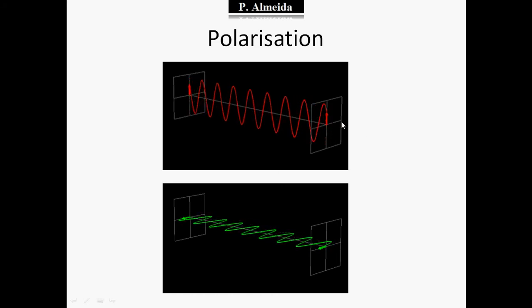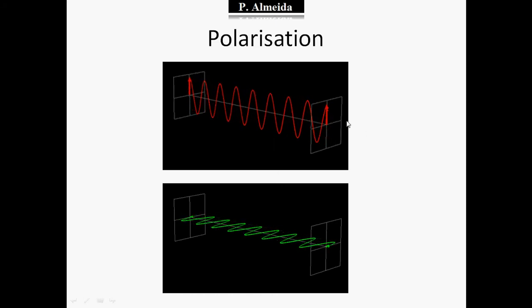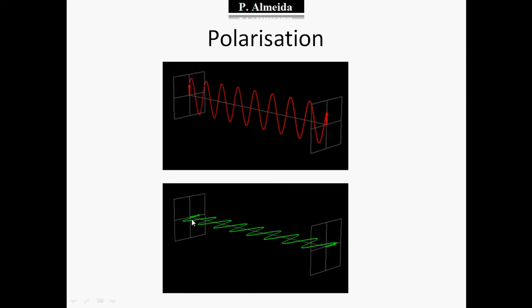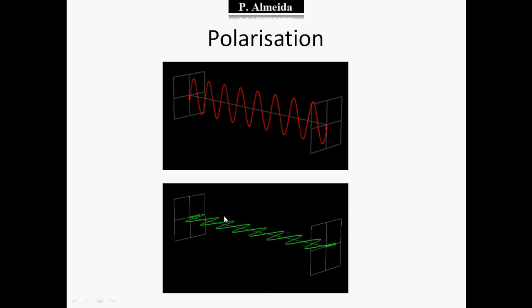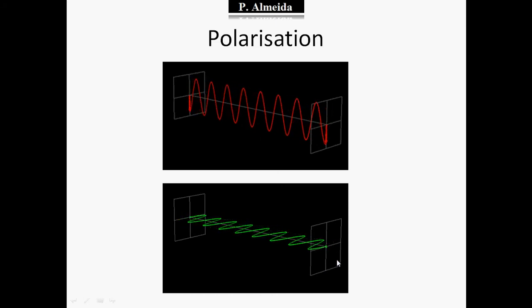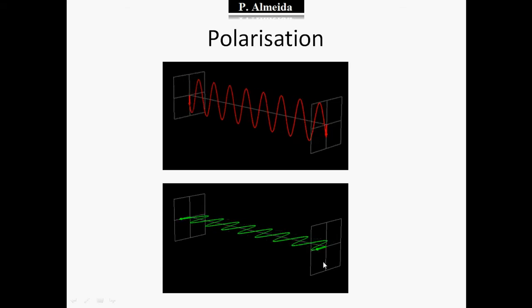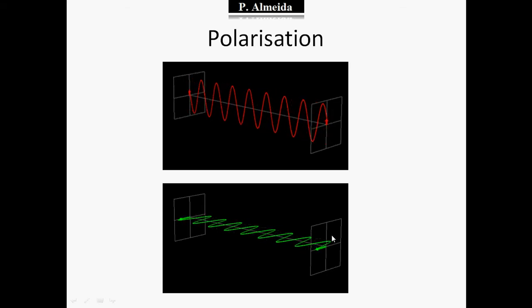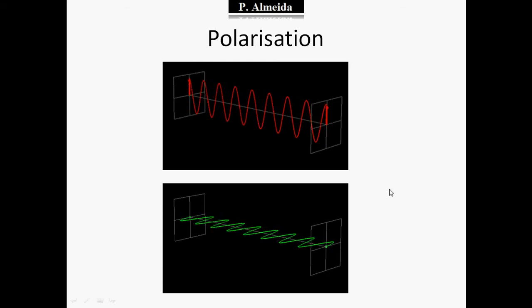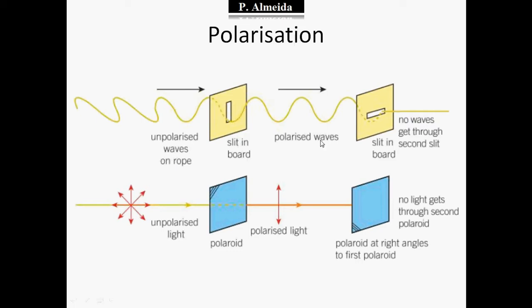That's because the polarization would be 90 degrees from that one. For example, here I would allow the waves to move sideways, and here I could have a polarization that is only up, so no waves come out of the other end, okay? And here it is all in a diagram in case you want to write this down.